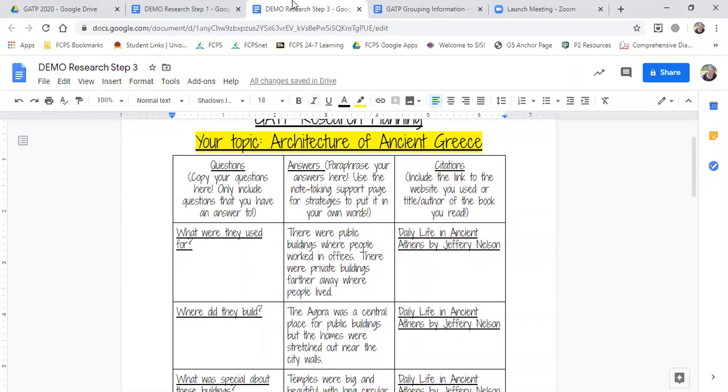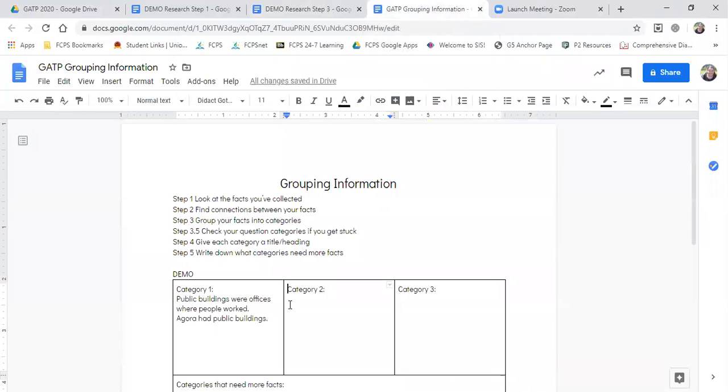But I have some information about private buildings too. I know that the private buildings were separate from other buildings.